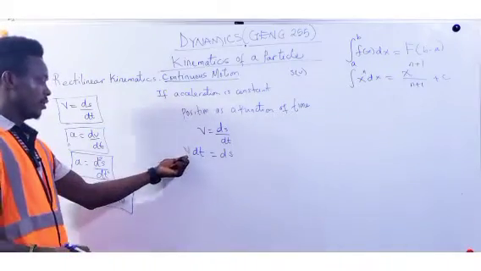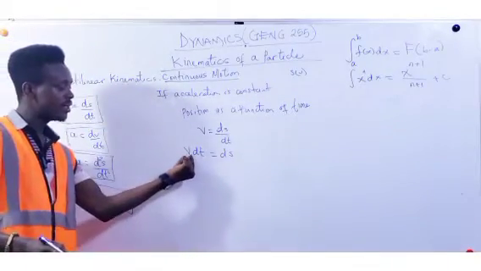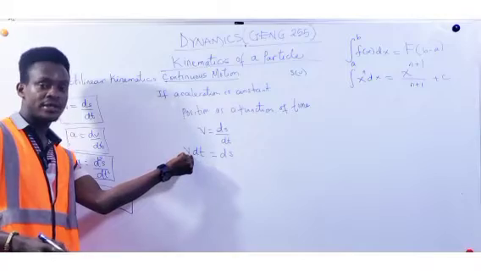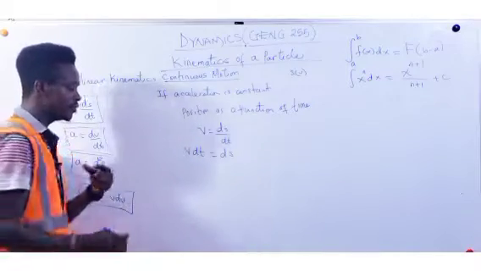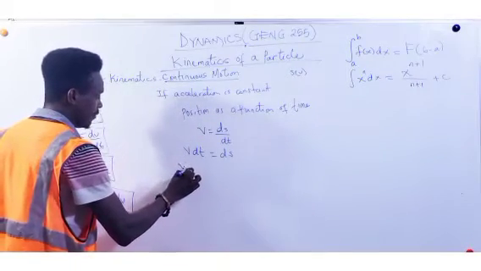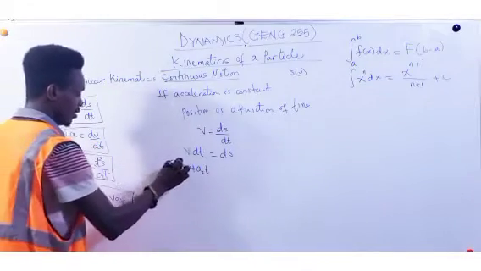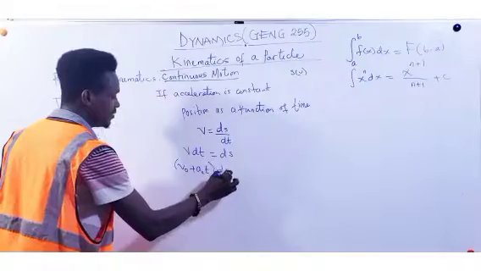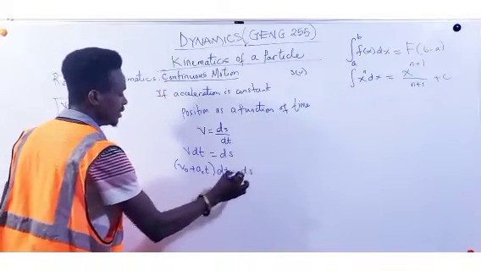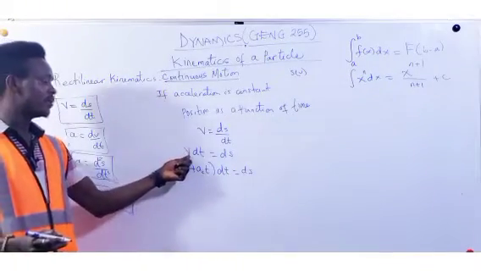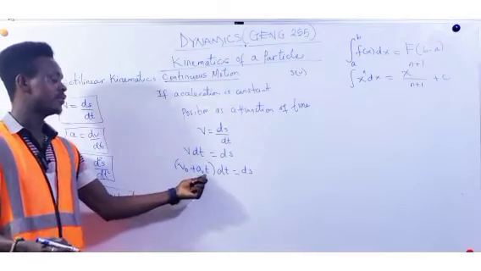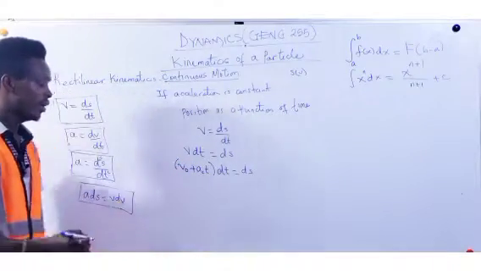Remember, where we have velocity as a function of time, v equals v naught plus a_c t, so we get v naught plus a_c t in parentheses times dt is equal to ds. We just did this derivation.